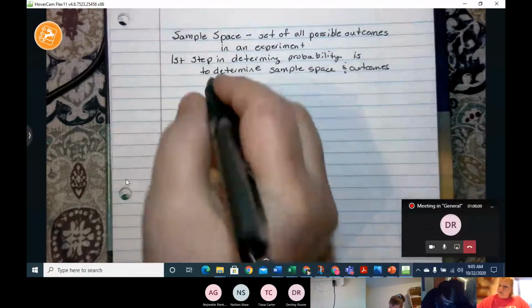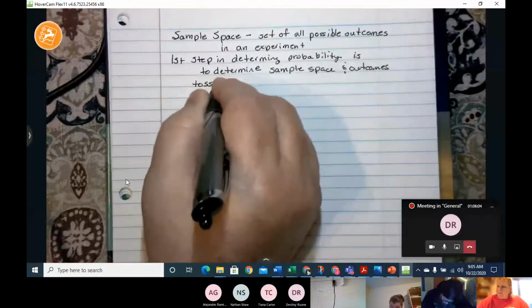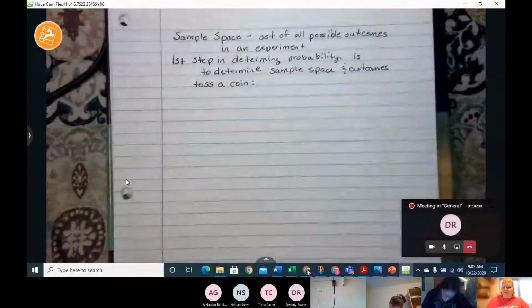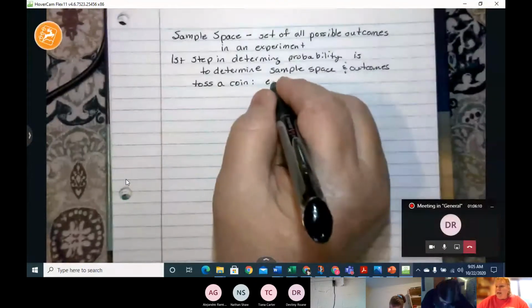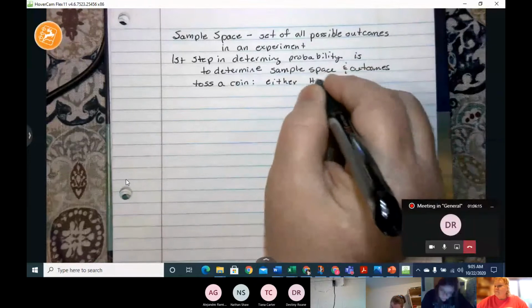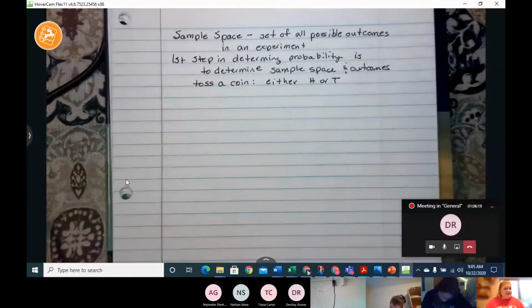So just some simple experiments. If we were tossing a coin, our sample space could either be a head or a tail. And of course, if we were doing an experiment and we were tossing it 20 times, then we would toss the coin 20 times and record each toss and what happened for each toss.